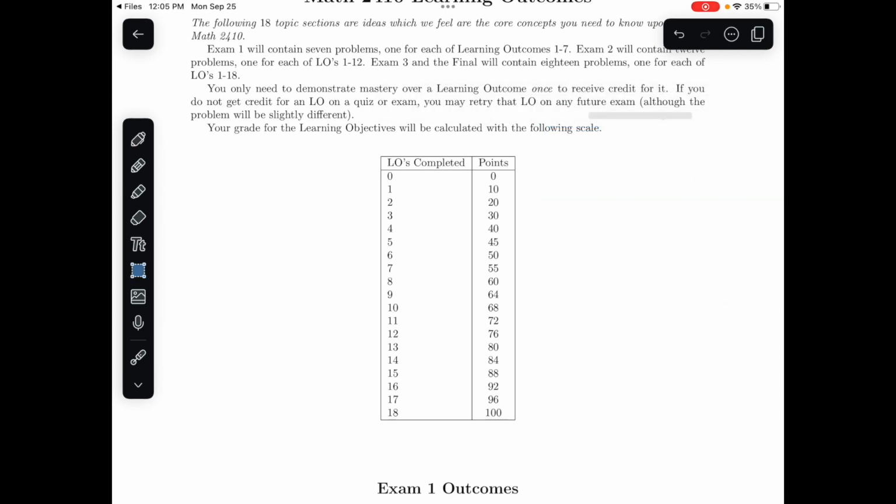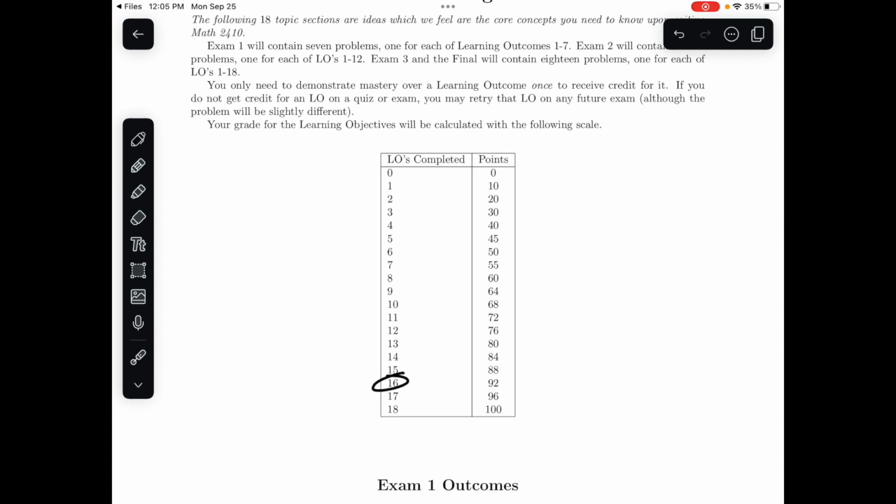Let's think about it in terms of getting to a certain number by the end of the semester. Let's say that you're shooting for an A. You're shooting for 16 learning outcomes over the course of the semester. You have 4 exams and a bunch of quizzes too.